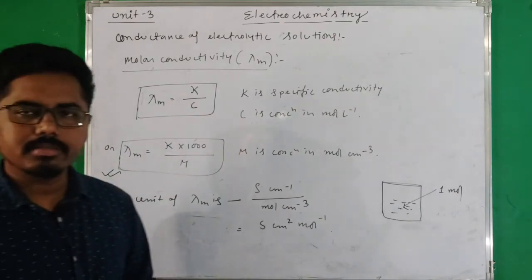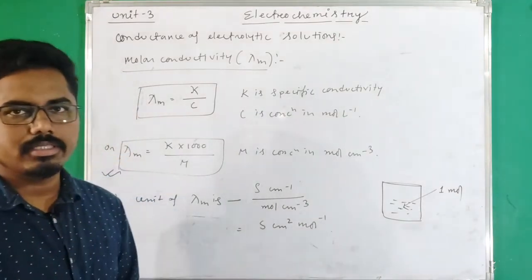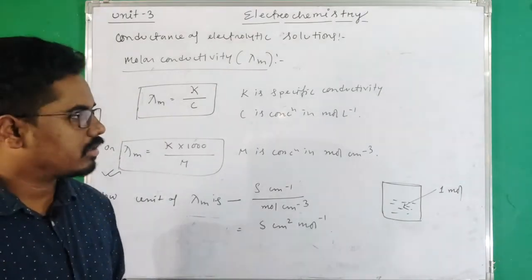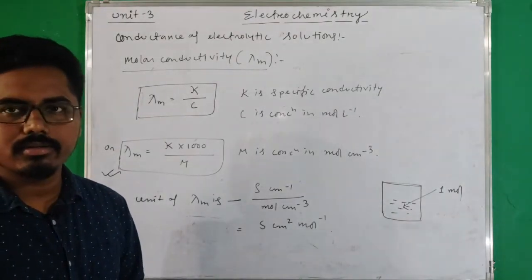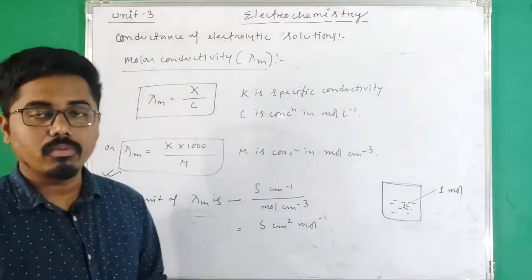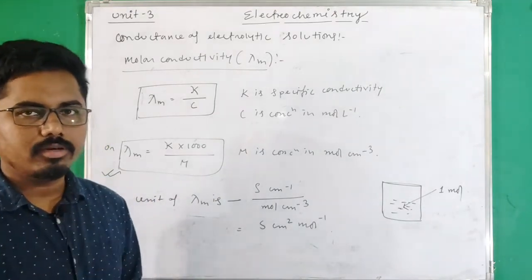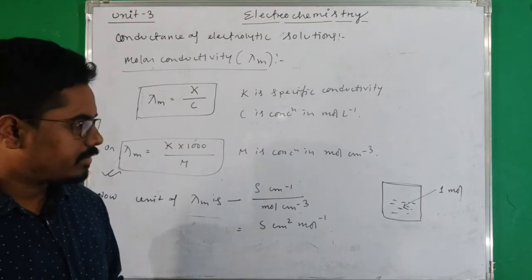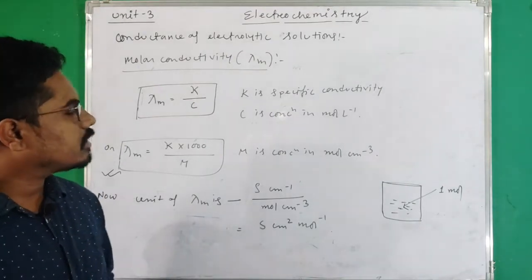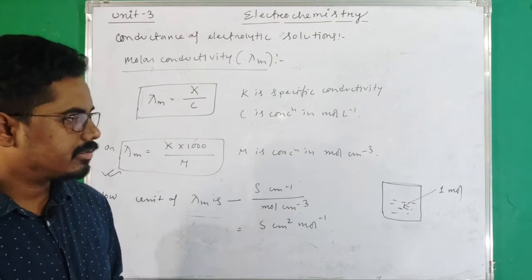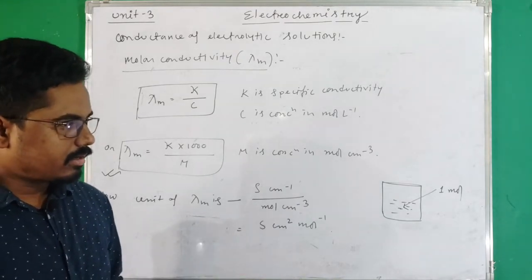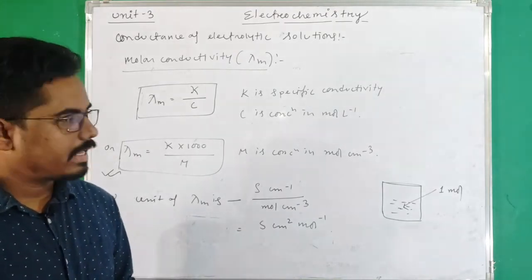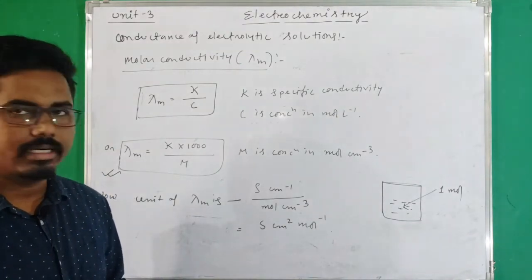So we have learned what is specific conductivity. Specific conductivity is the conductance of an electrolytic solution having volume 1 meter cube. That means the volume will always remain fixed. After that we have learned molar conductivity, which is the conductance of an electrolytic solution having 1 mole of electrolyte.